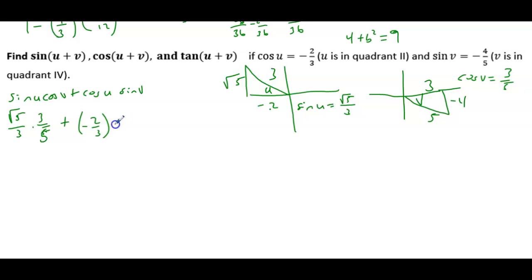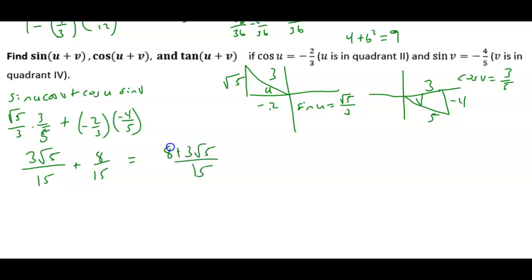Sine of v is negative 4/5. So this gives me 3 radical 5 over 15. That becomes a positive because negative times negative, 8 over 15. So that's just 8 plus 3 radical 5 over 15. No, this doesn't reduce. This is a radical 5.